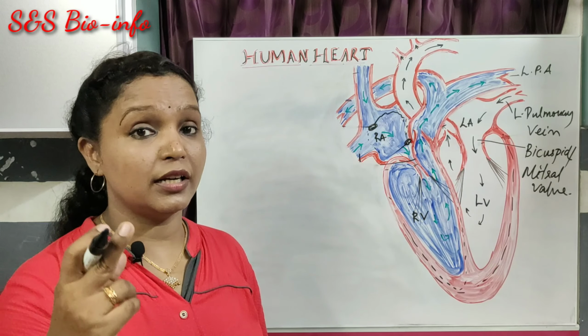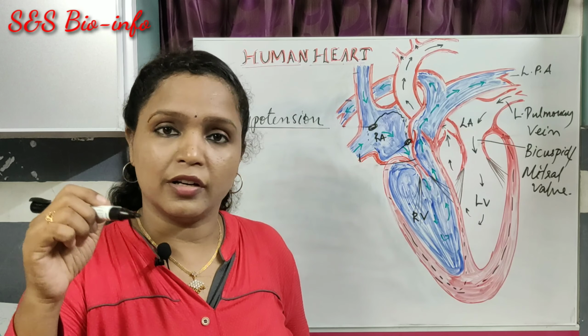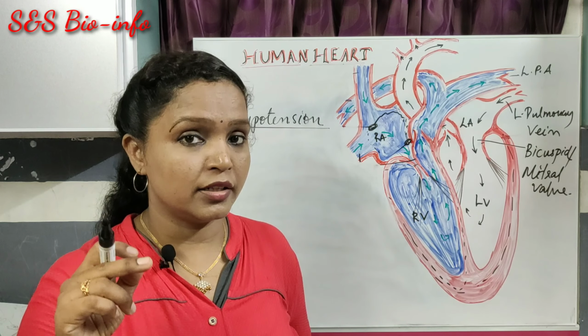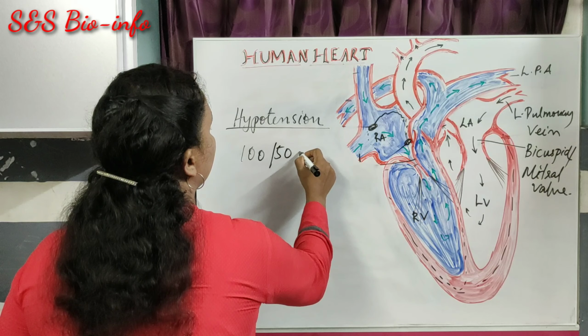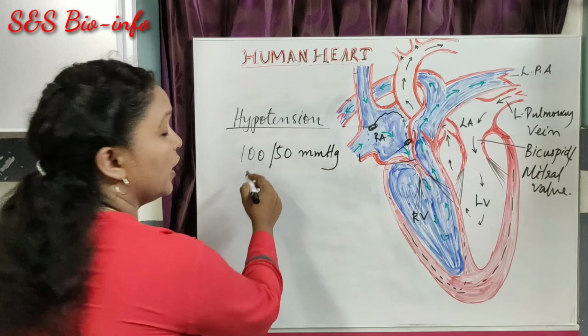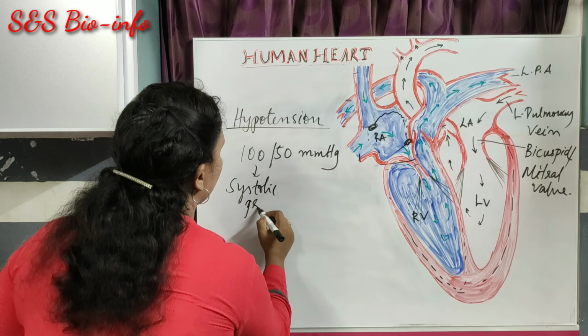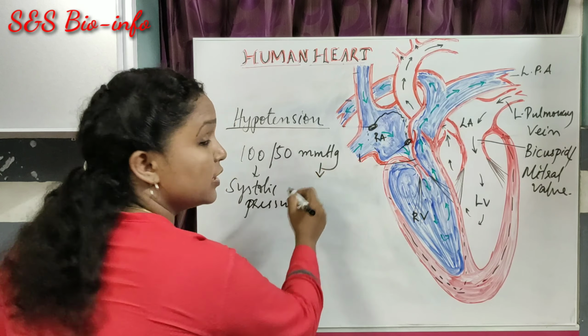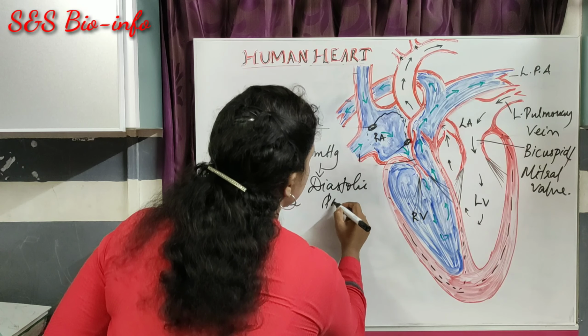The next abnormal condition is hypotension, or low BP. It is an abnormal condition characterized by persistent low blood pressure in human beings. It is about 100 to 50 mmHg. Here 100 is the systolic pressure, while 50 is the diastolic pressure.